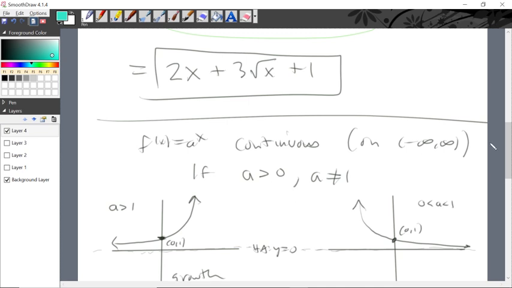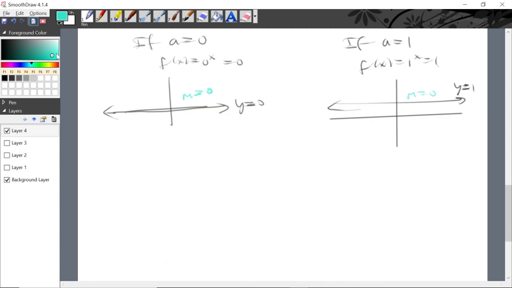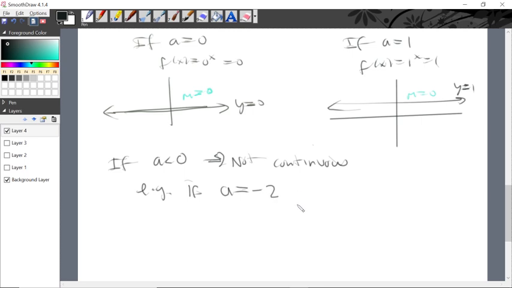Well, what about if a is negative? That is the other thing to consider. If a is less than 0, then the issue we're going to run into is that the function is not going to be continuous. Take for example a equal to negative 2, that is, the function f of x is equal to negative 2 to the power of x.